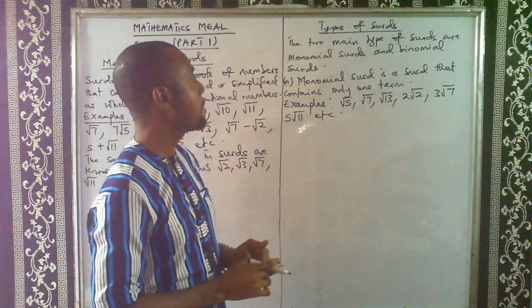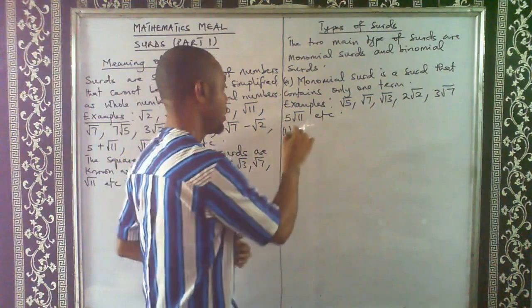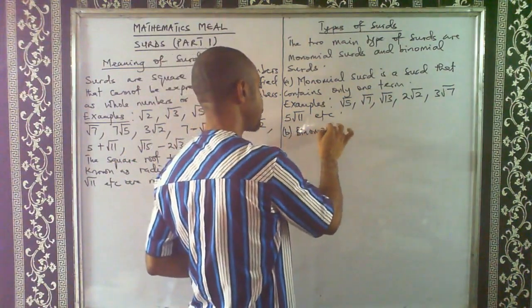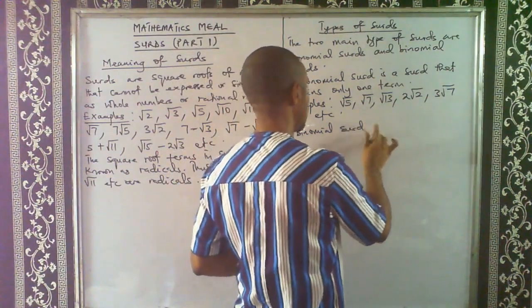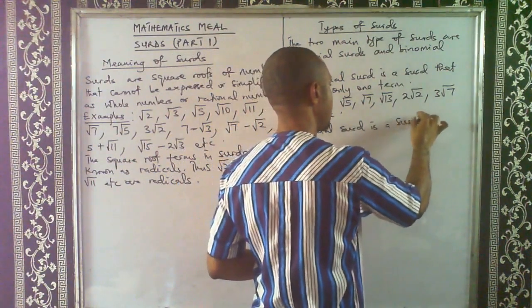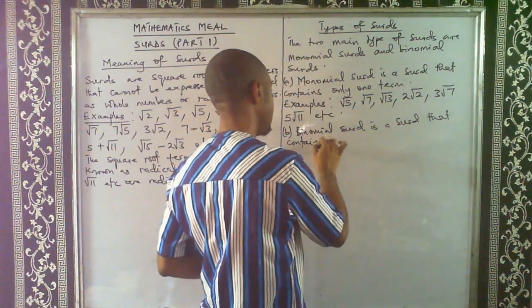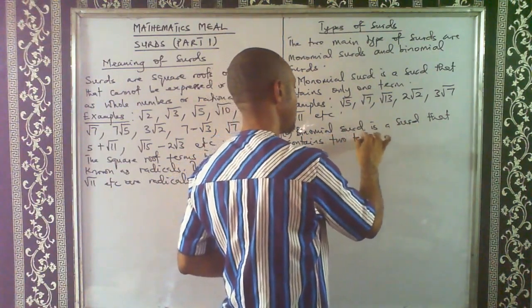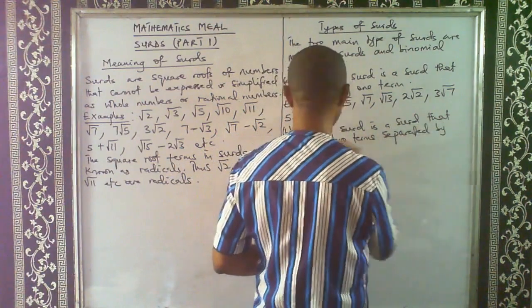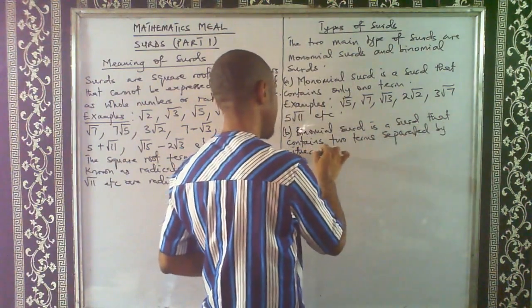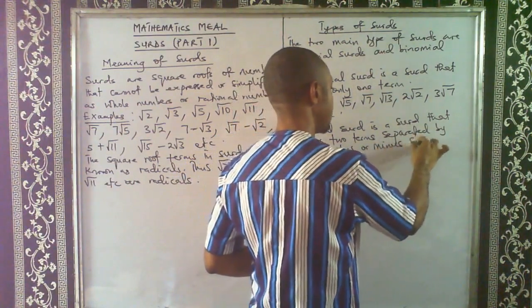Alright. On the other hand, what do we mean by binomial surd? A binomial surd is a surd that contains 2 terms separated by either a plus or minus sign.